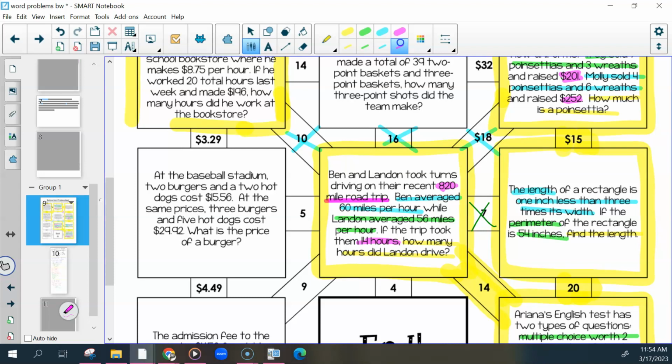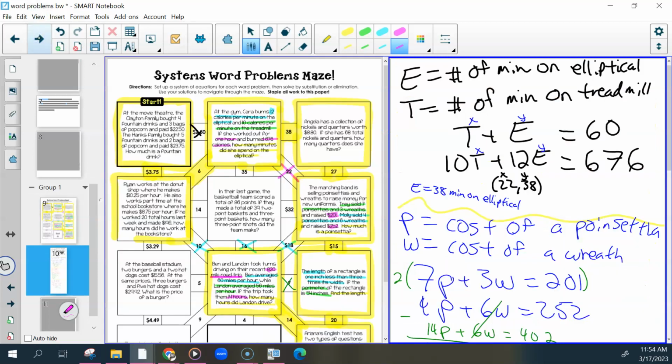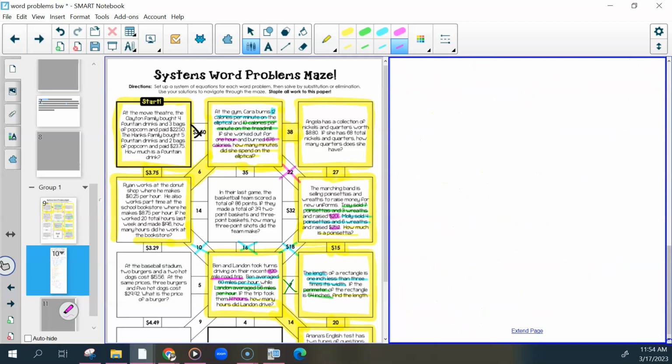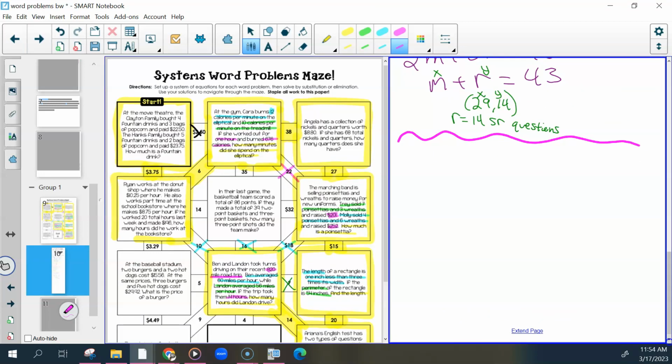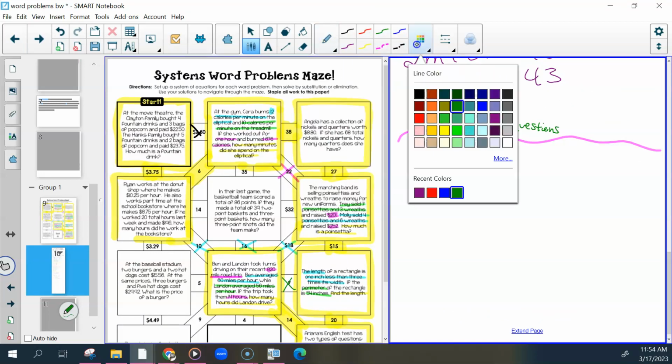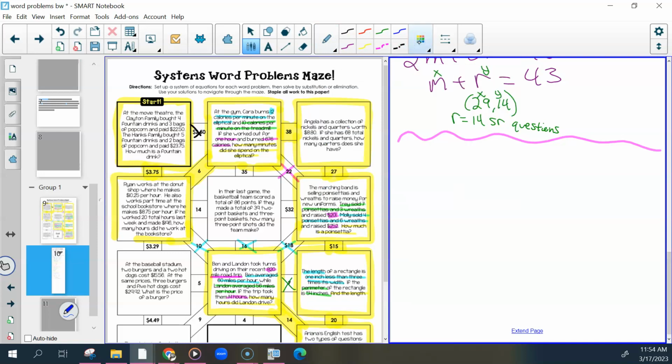Okay, so what do we want to call our variables? Alyssa? B and L, okay. And what don't we know? What do these represent? Hannah?